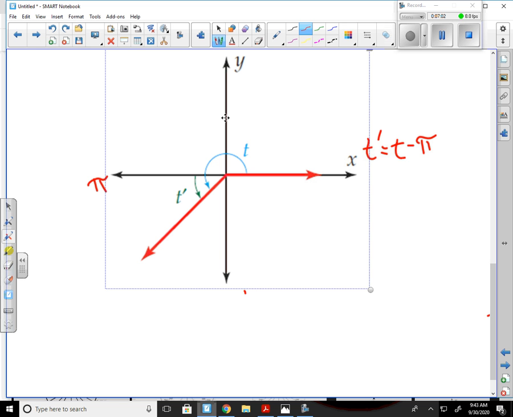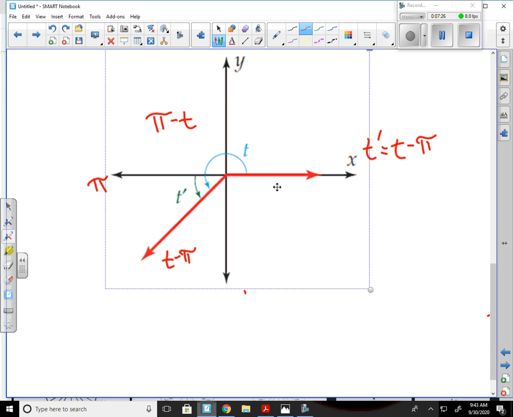So just to review those again, if it's in the first quadrant, we don't need any reference angles, because it's whatever this angle is. If it's in the second quadrant, we do pi minus t, or the angle. If it's in the third quadrant, down here, we do t minus pi to find the reference angle.